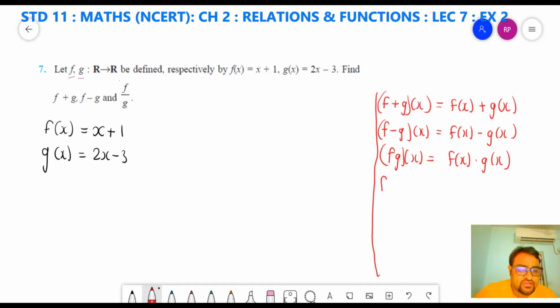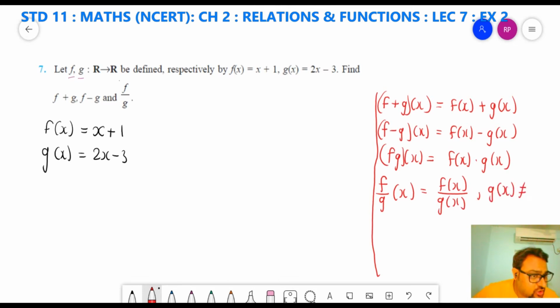Similarly, (f minus g)(x) is f(x) minus g(x). (f into g)(x) is equal to f(x) into g(x). And (f by g)(x) is equal to f(x) upon g(x), but g(x) must not be equal to 0.